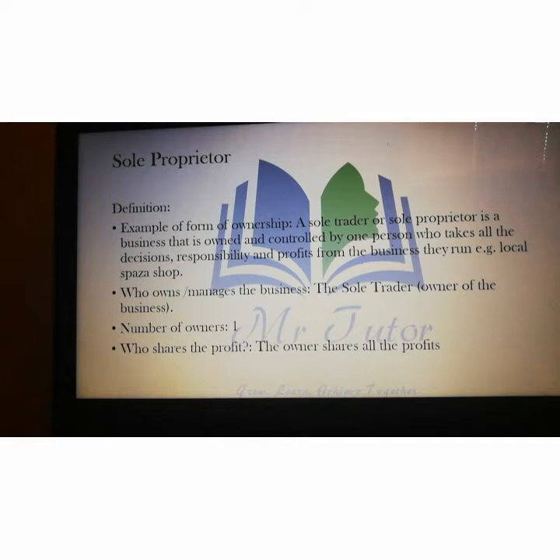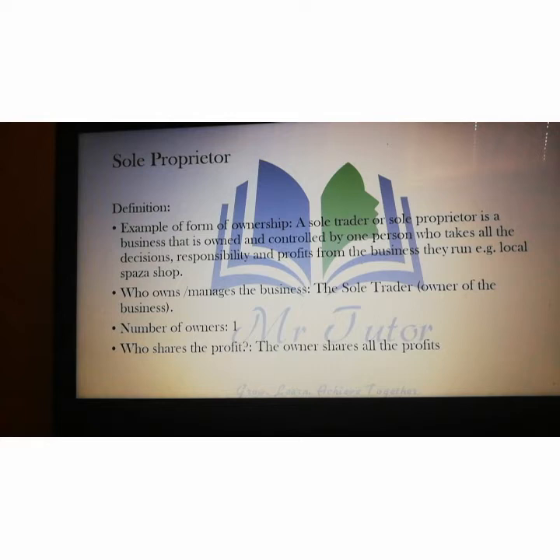Someone who owns a spaza shop is responsible for each and everything in that shop, from the stock taking to finances, to electricity or rent or expenses. So everything lies on that owner of the business. So this is the first kind of ownership you might come across.